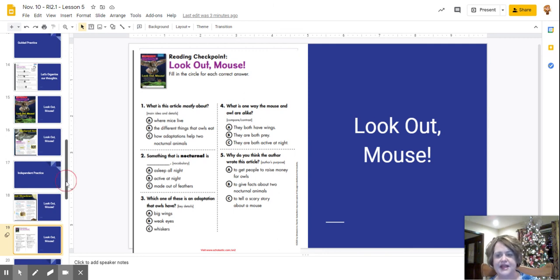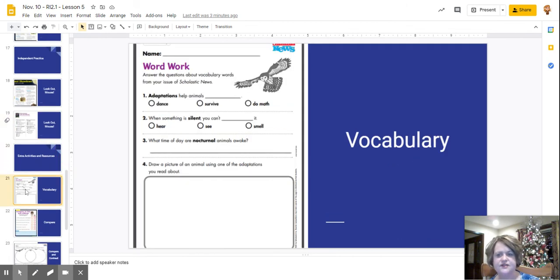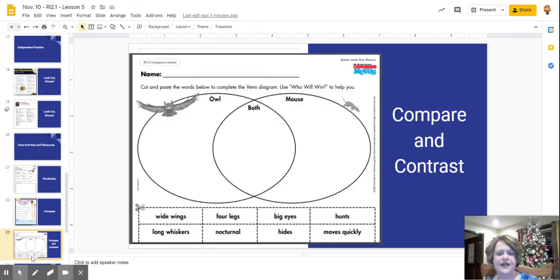Also, in your packet, there are extra activities that I included. There's a vocabulary activity, a comparing an owl and a mouse activity, where you decide which question matches the owl, the mouse, or both. And then there's also a compare and contrast with cut and paste if you have extra time.